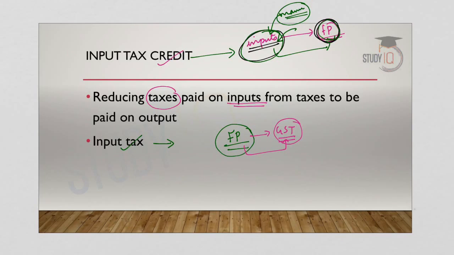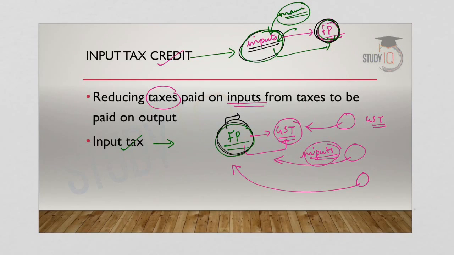There will be various small suppliers who supply the inputs to this manufacturer, and these suppliers would be charging certain tax. The manufacturer producing the final good is a taxable person because he is registered under the GST, and the tax paid by him on the inputs is called the input tax.